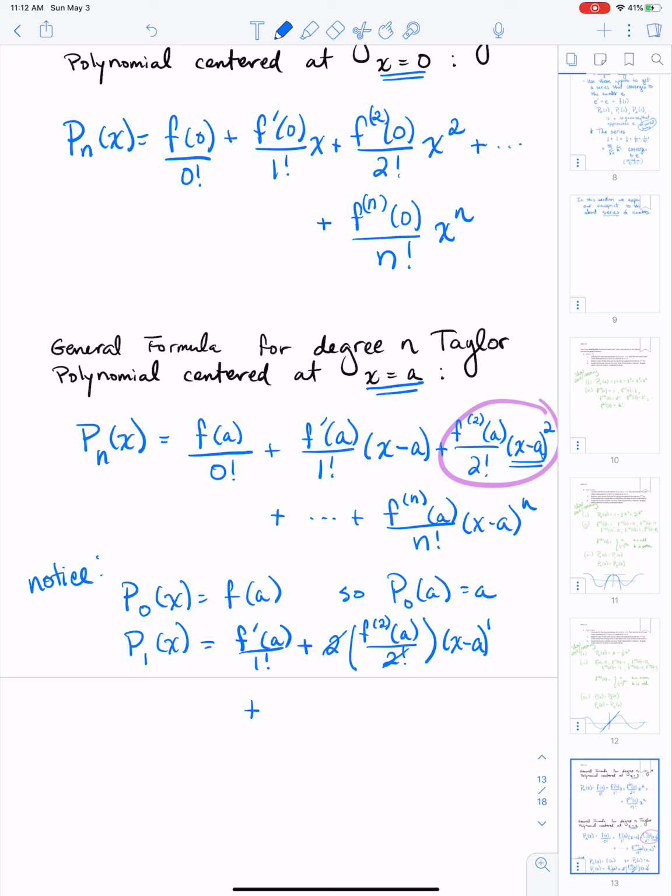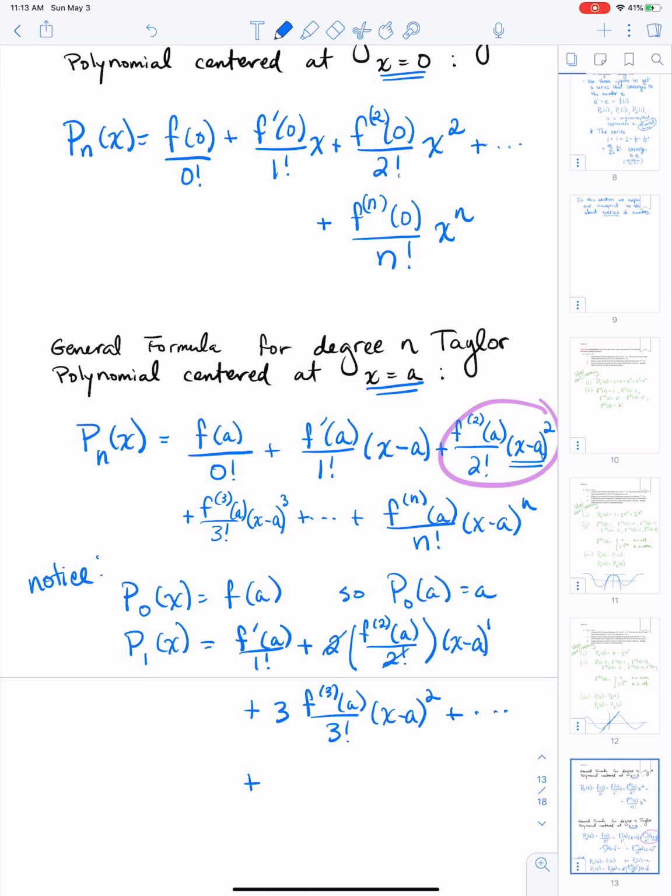And then the next term was the third derivative. So I'll go ahead and up here add another little term, x minus a cubed, right? So then if I take another derivative here, what you would see is 3 times the third derivative evaluated at a over 3 factorial times x minus a squared.